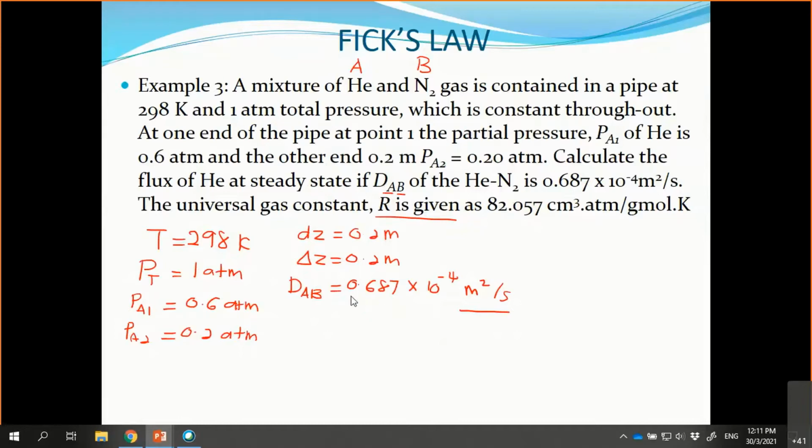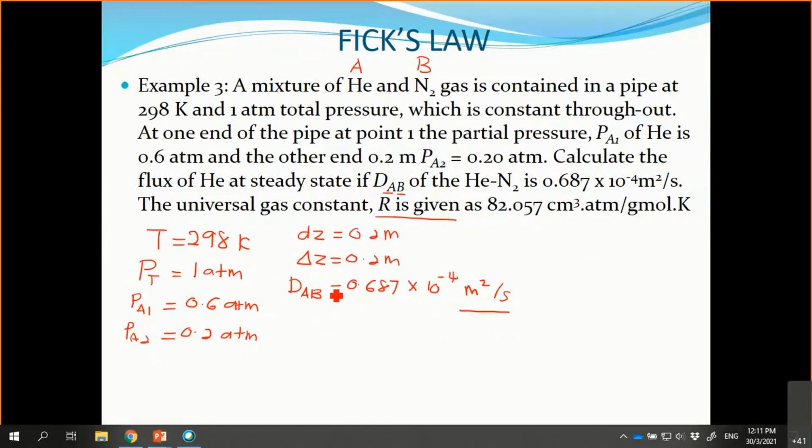Our diffusion coefficient DAB has a unit of meter squared per second, which is actually area per time, because meter squared is a unit of area and second is a unit of time.